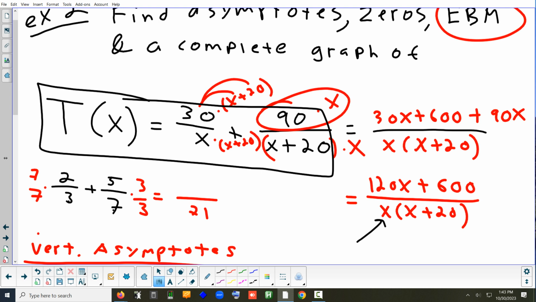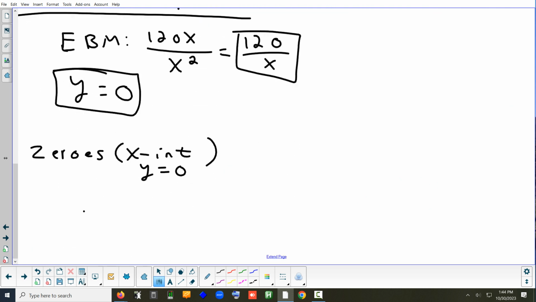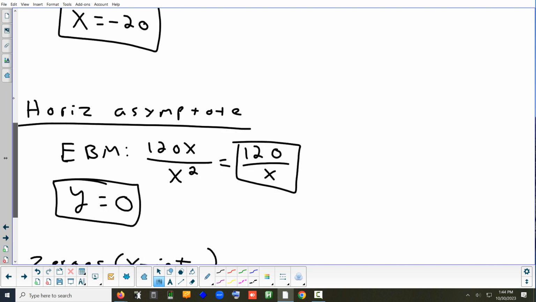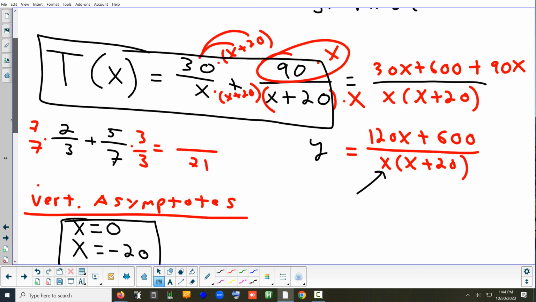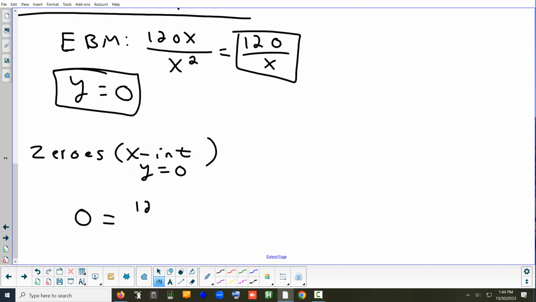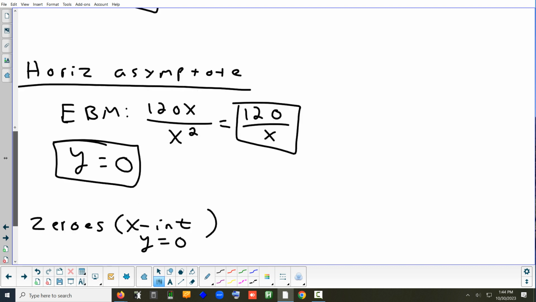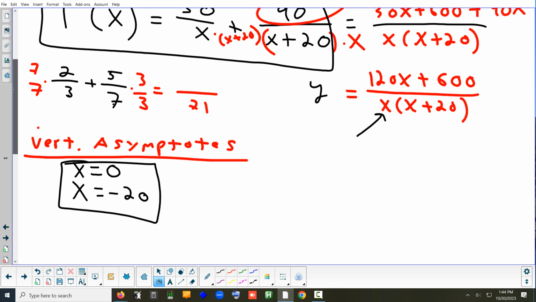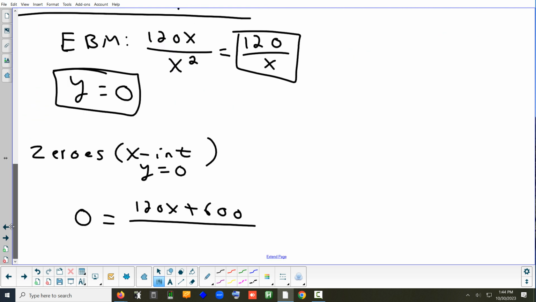So if we want to find the x-intercept, what number did we just say we plug in for y? 0. Yeah, plug in 0. So you have 0 equals 120x plus 600, divided by x times x plus 20.